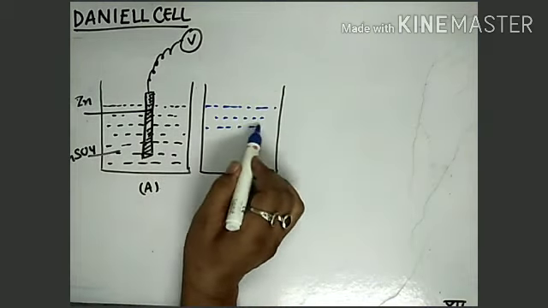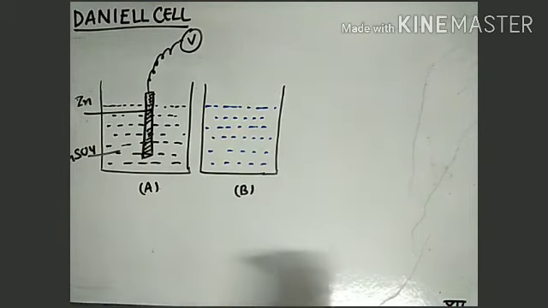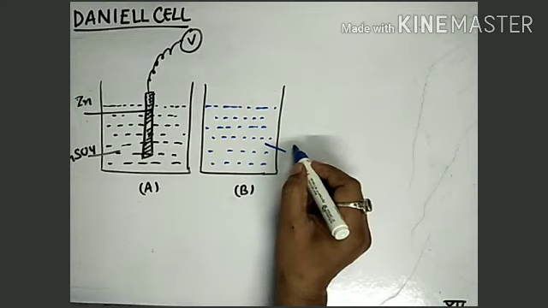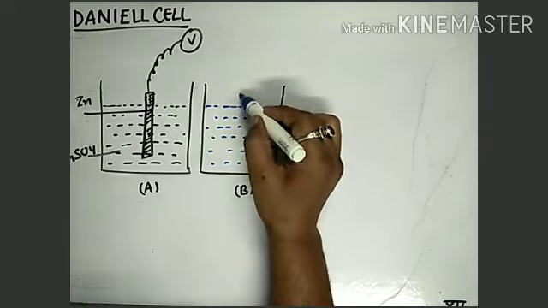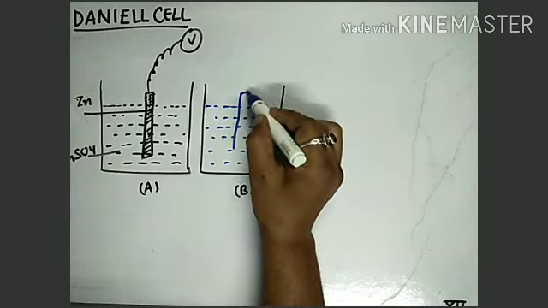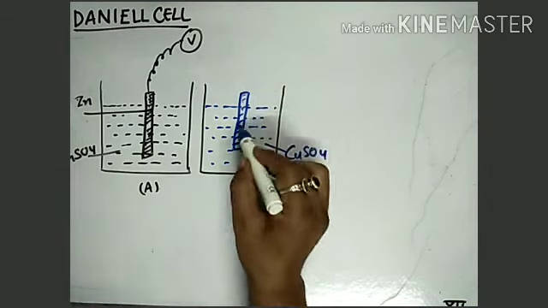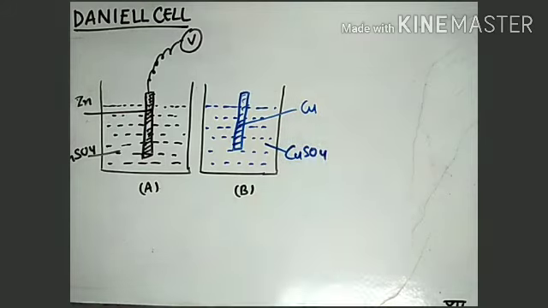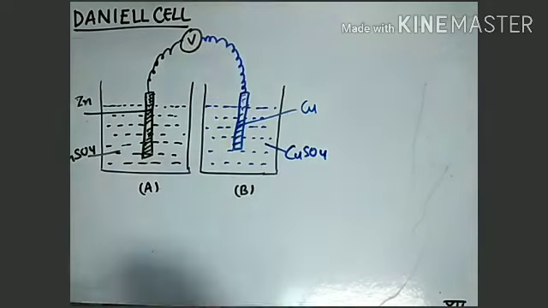You know that the color of the copper sulfate solution is blue. I'm putting a rod made of copper, so it's a copper rod. Both are connected with a voltmeter, as you can see.